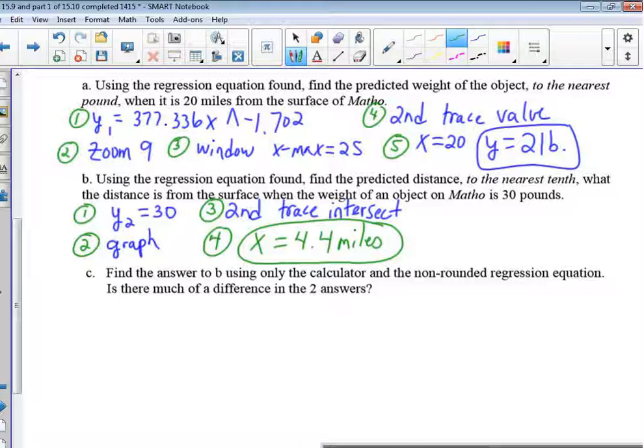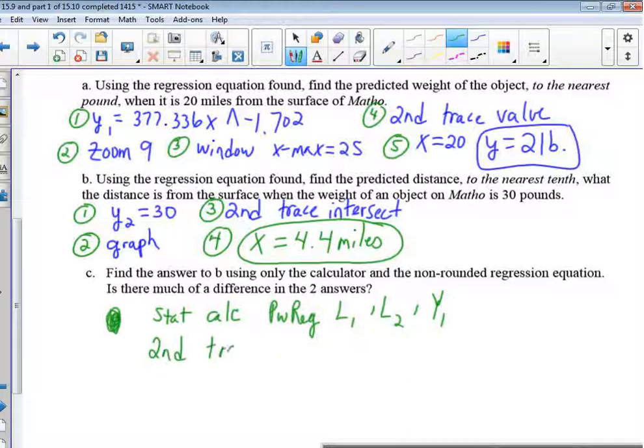So in this instance, you would recalculate, so you would go back to stat, calc, power reg, and you would do L1, comma, L2, comma, put that Y1 back in there, and then from there you would do second trace intersect.